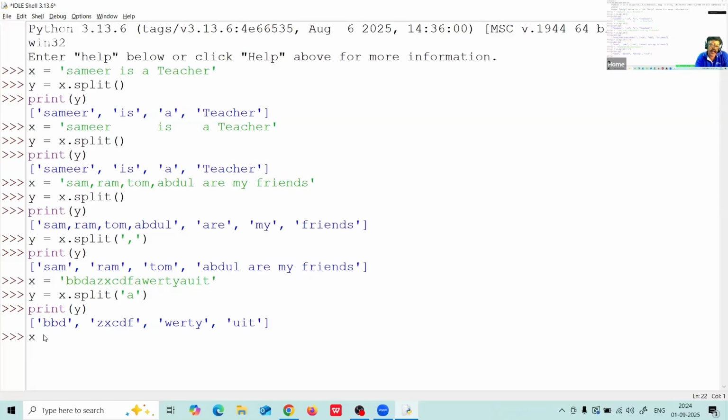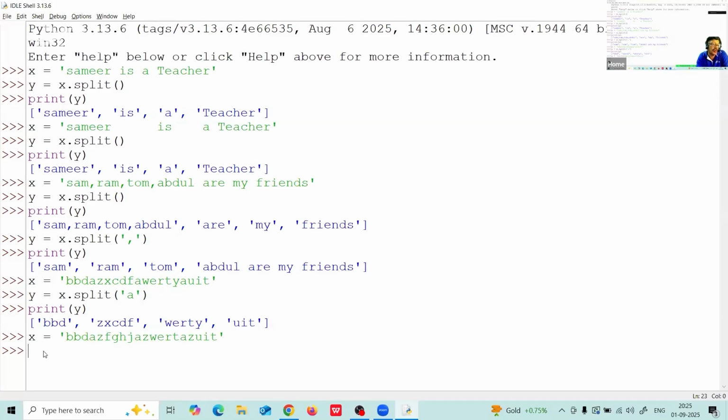Like, suppose I have X, I hope you understood this now. Suppose I have B, B, D, A, Z, then F, G, H, J, A, Z, then W, E, R, T, A, Z, then U, I, T. This is my string. And I've got a strange requirement that wherever AZ is there, it should understand that the string has to be split. Now you see, these are the portions where AZ is there.